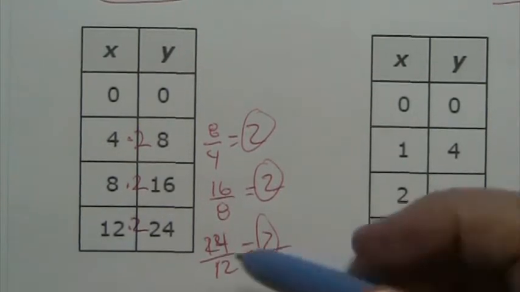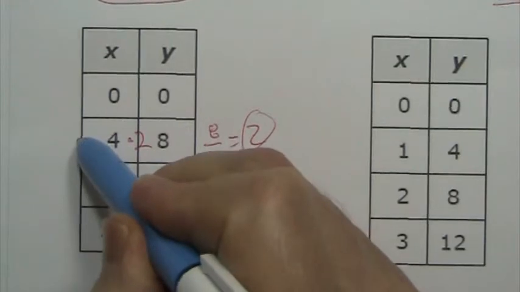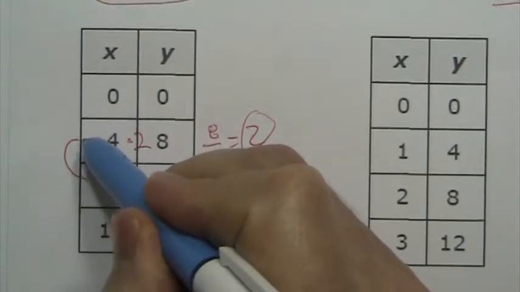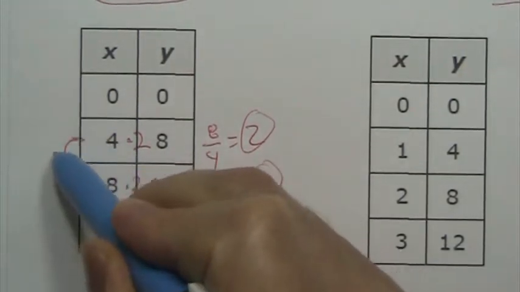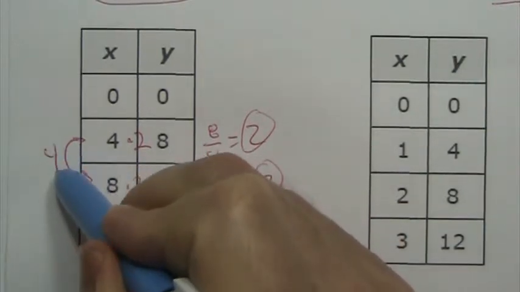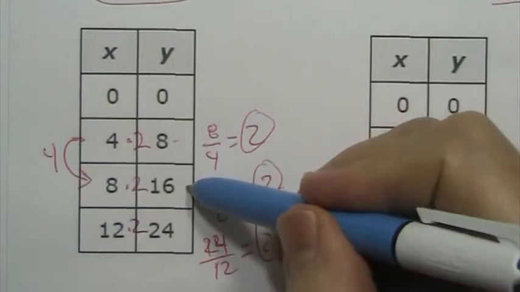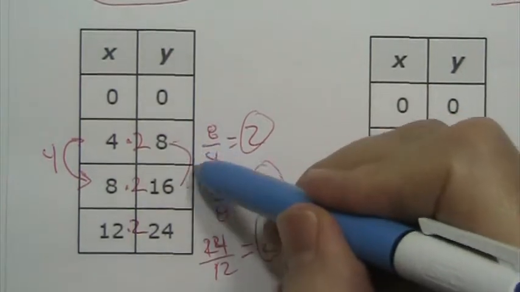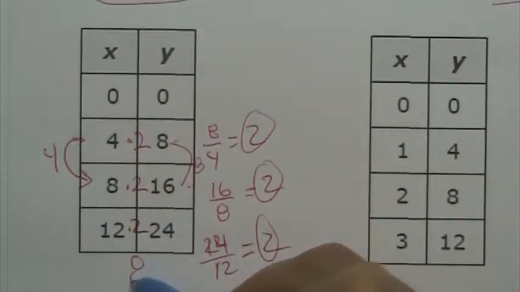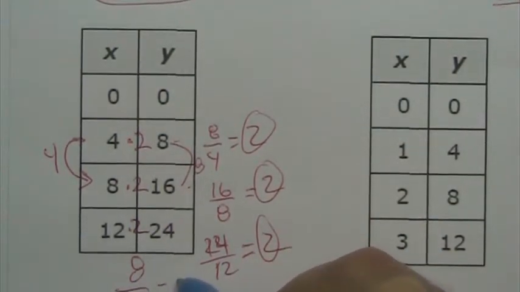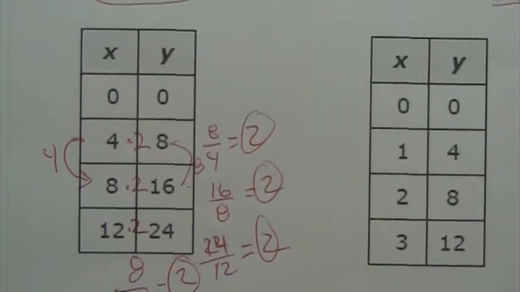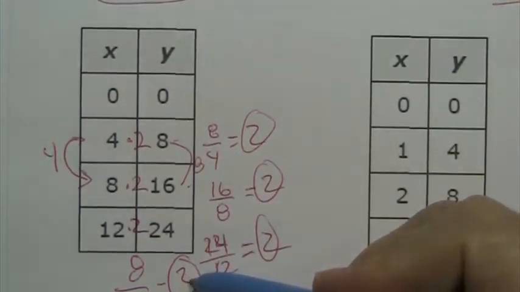One other thing to note is notice the change that goes from 4 to 8. To go from 4 to 8, it goes up by 4. From 8 to 16, it goes up by 8. And 8 divided by 4 is 2. So the change is 2.